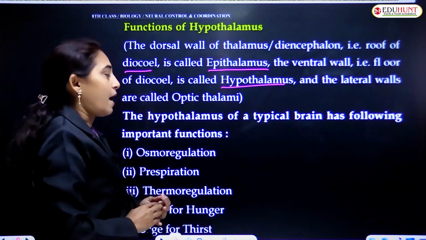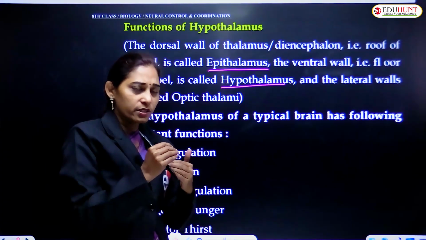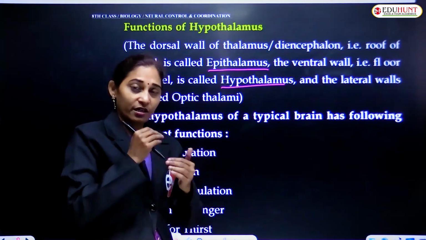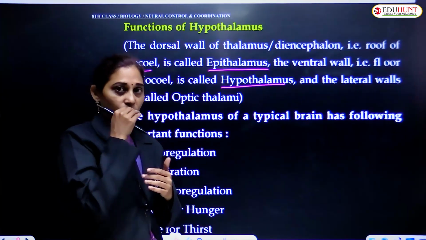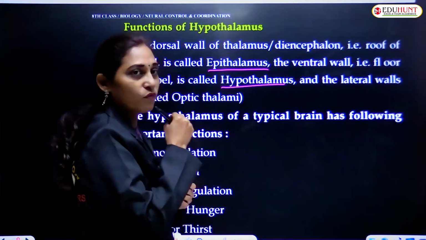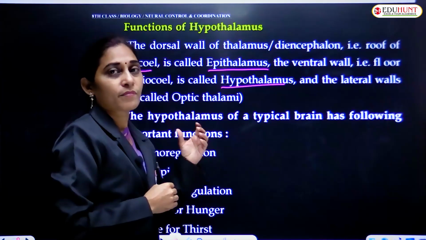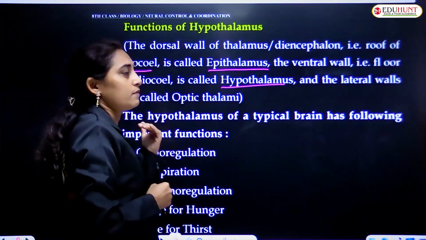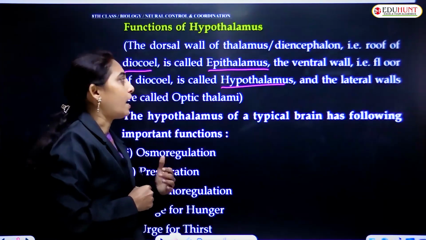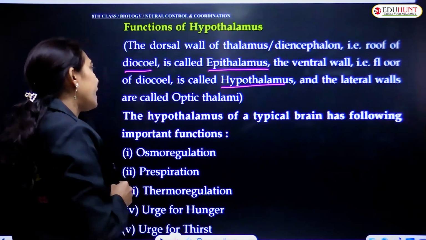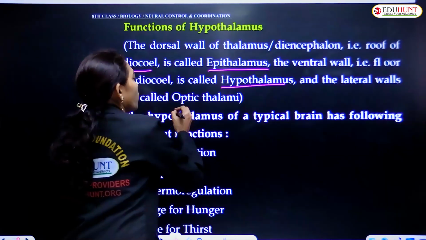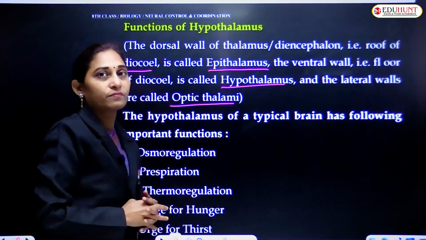The thalamus has dorsal and ventral sides. The dorsal side is called the roof of the thalamus, that is the epithalamus, and the ventral wall is called the hypothalamus. And the lateral walls are called the optic thalami.